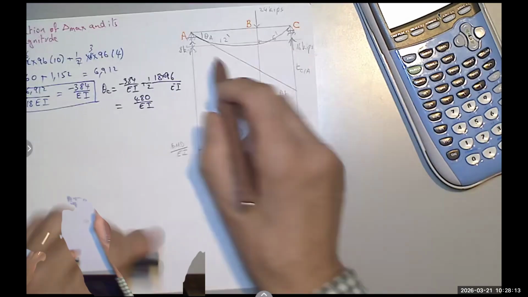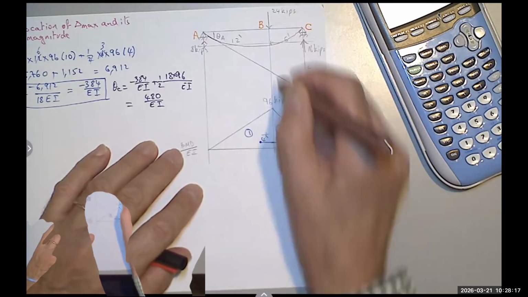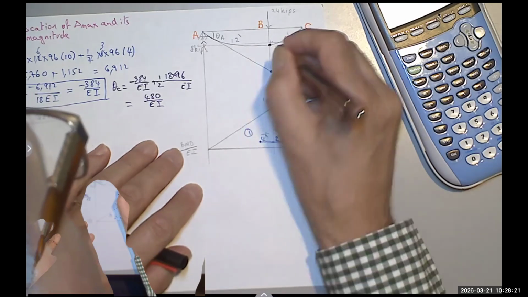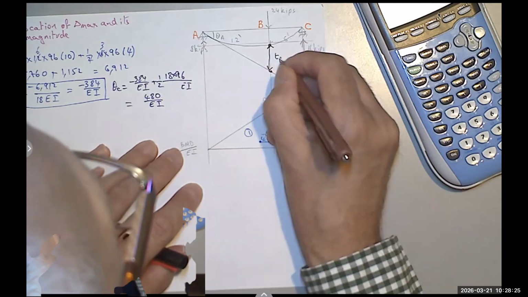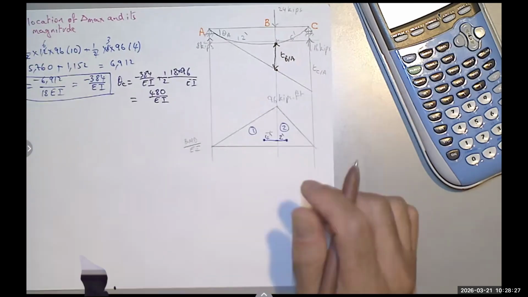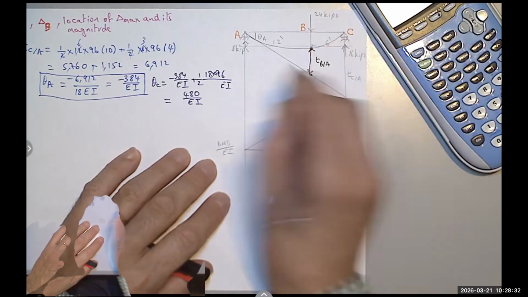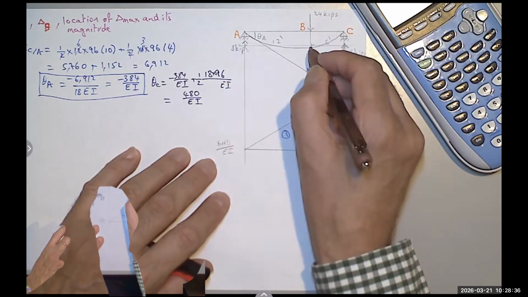You see that this distance from here to here is basically TB with respect to A, correct? And the total distance is theta A times 12, 12 theta A, and that is delta B.